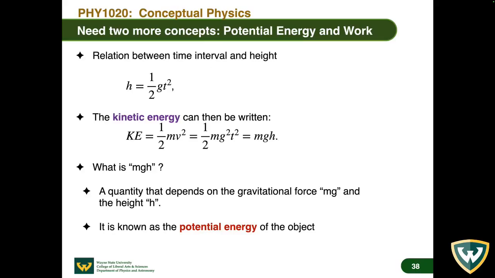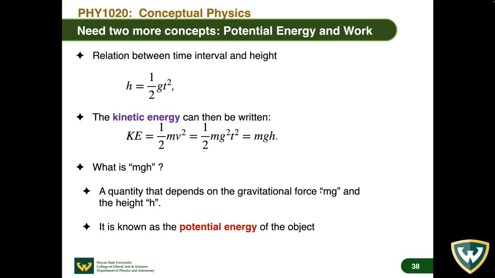And so the force on the object is mg, mass times acceleration, and this force is acting through a height h. So this gravitational force is effectively doing work on the ball.